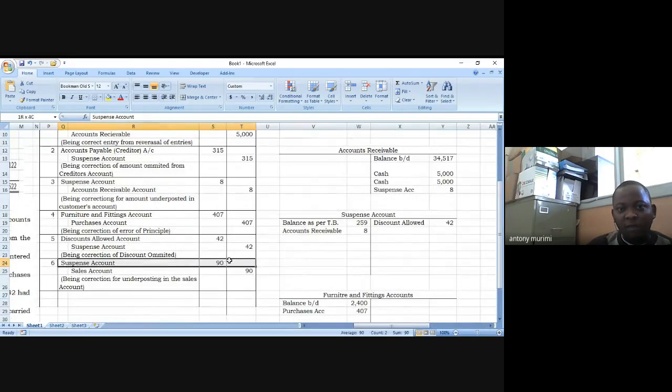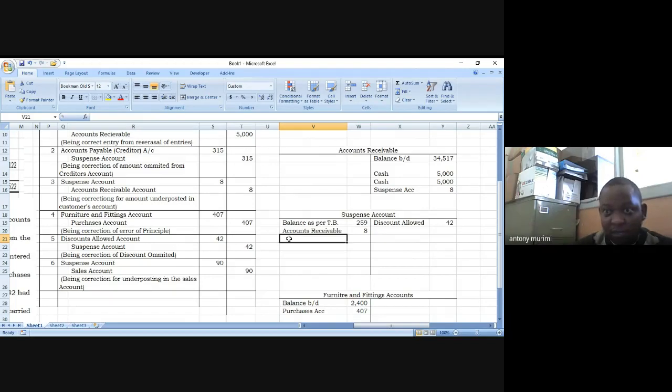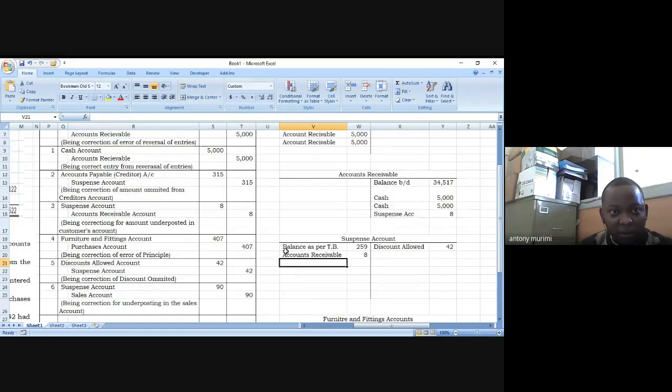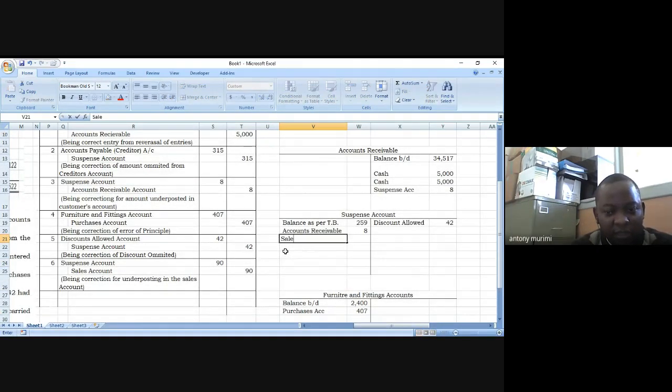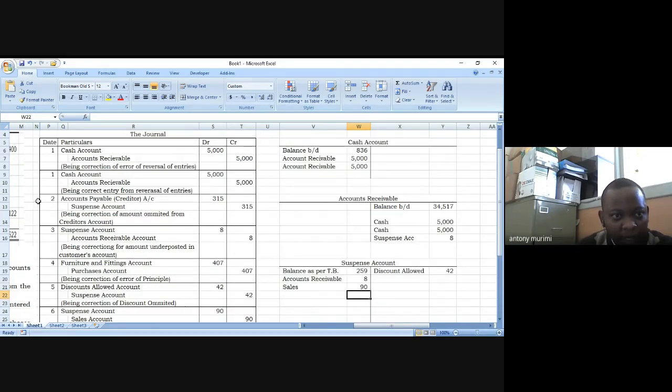The only entry we shall make here is the suspense account debit. So you debit the suspense account by sales of 90 shillings.